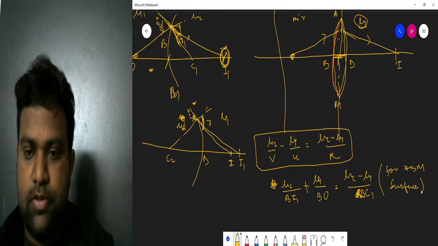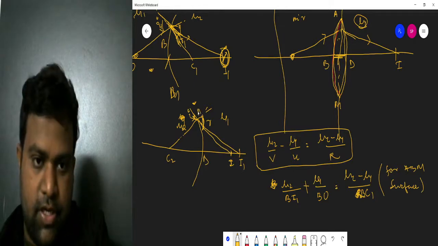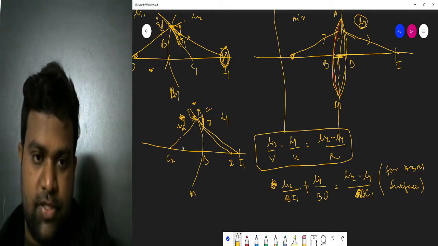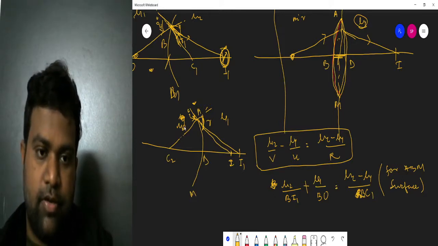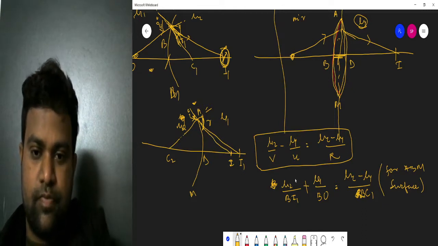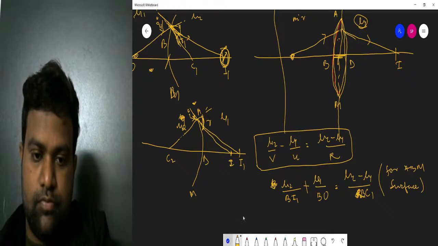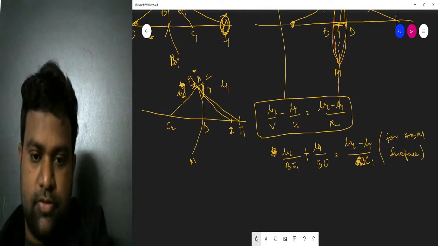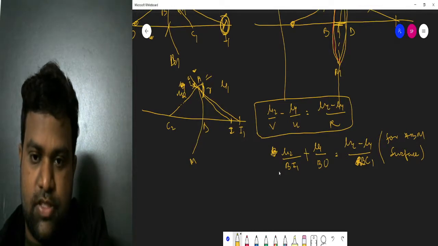Now the next surface, that is ADM surface. Okay, ADM surface, here light is going from mu 2 to mu 1 and the object distance is in the opposite direction.